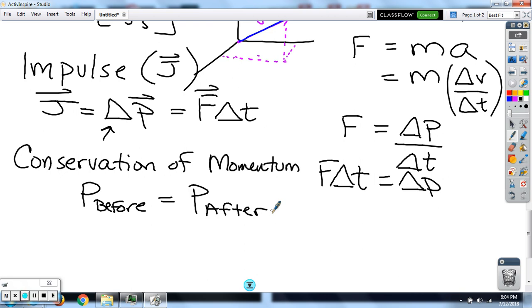But what this conservation law states is that the total momentum of the system that we're talking about is always going to be the same. So the way we calculate a total momentum is using vectors. The vector sum of all the momenta before an interaction has to be the same as the total vector sum of momentum after the collisions or interactions.